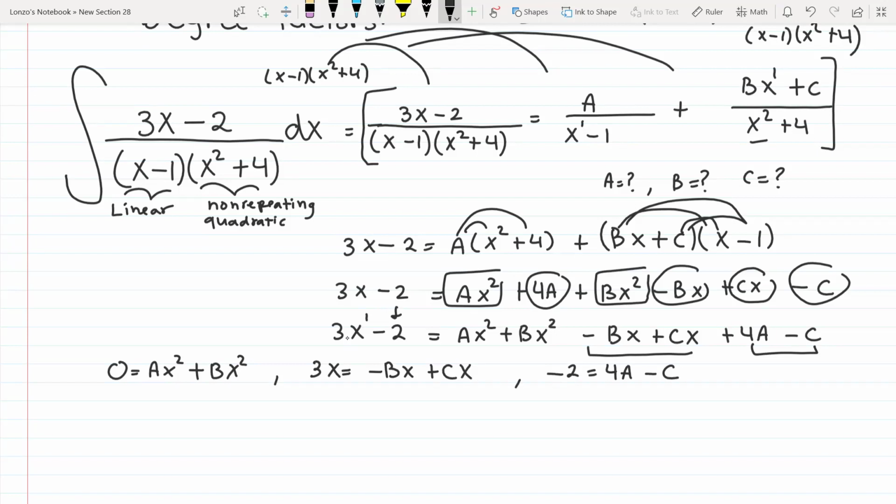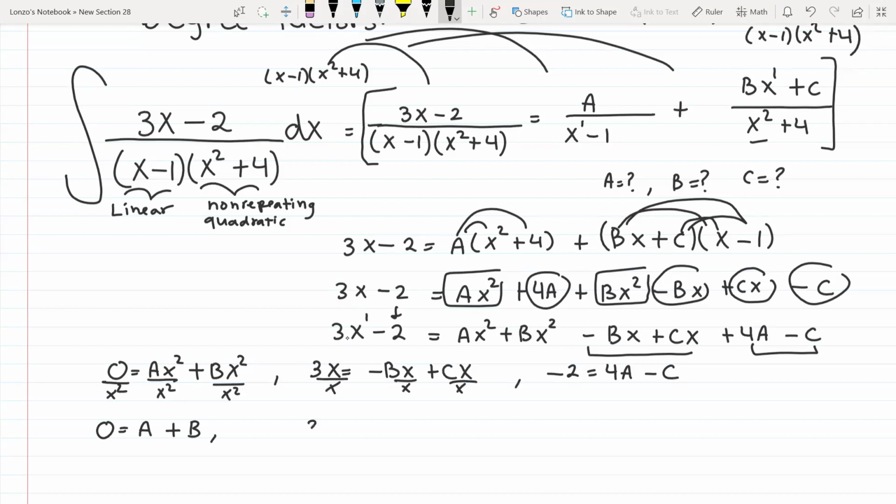Okay, so now we have to set up a system of equations from this. Let's look here. 0 equals Ax squared plus Bx squared. I could get rid of the x squared by dividing everything by x squared, including the 0. So this is 0 equals A plus B. And then over here, I could get rid of the x's because they all have an x, so I'm going to divide everything by x.